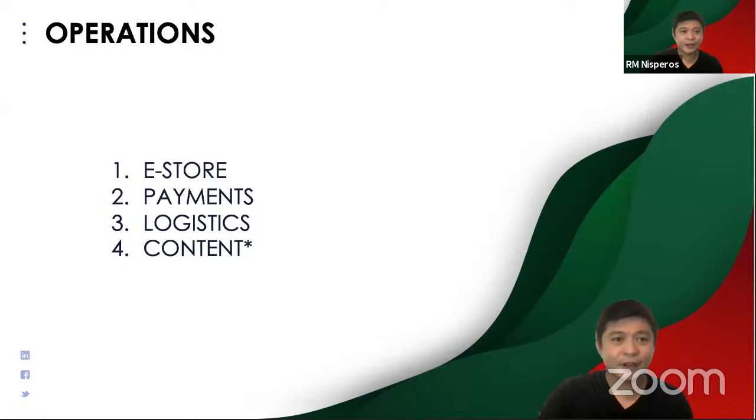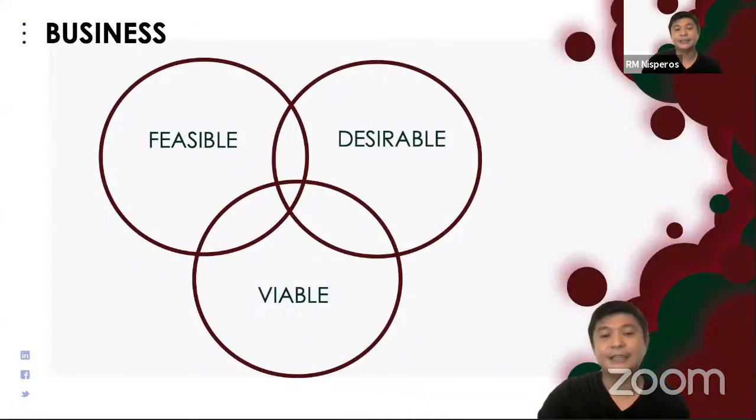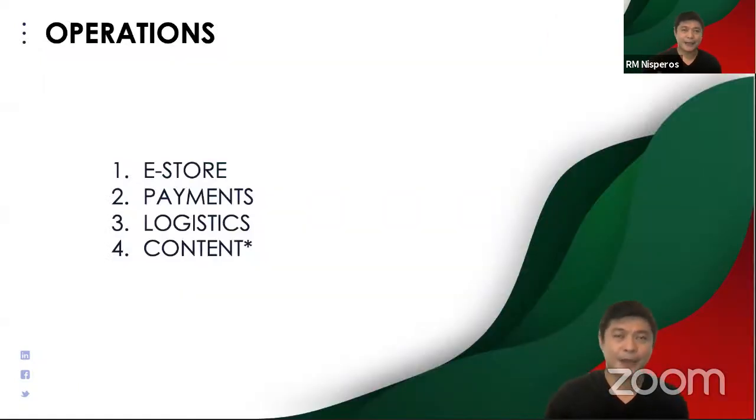So I mentioned the desirability. It's about matching the needs and wants of your customers to the benefit of your products and services. Now, in our modules, we identified 4 pillars of e-commerce.